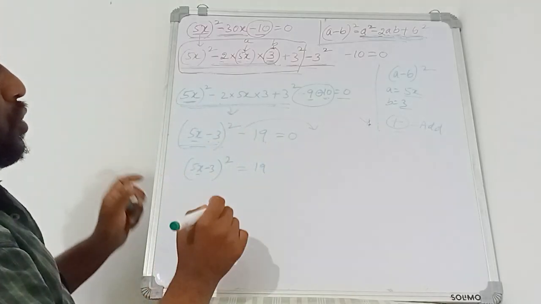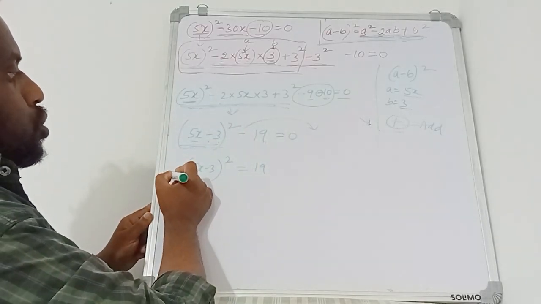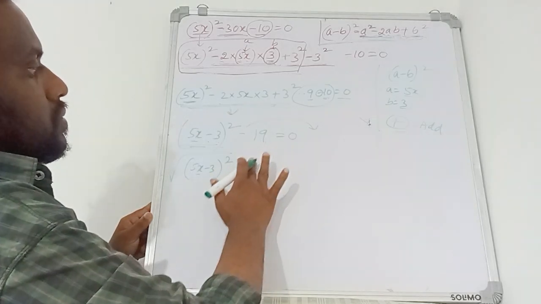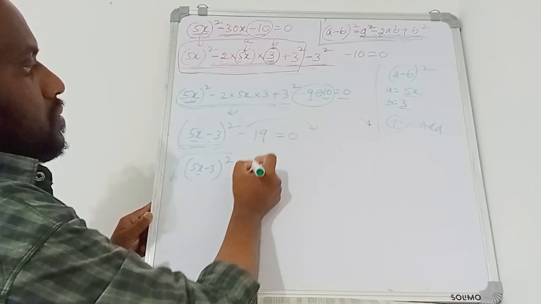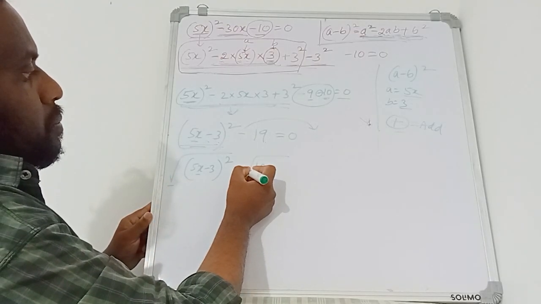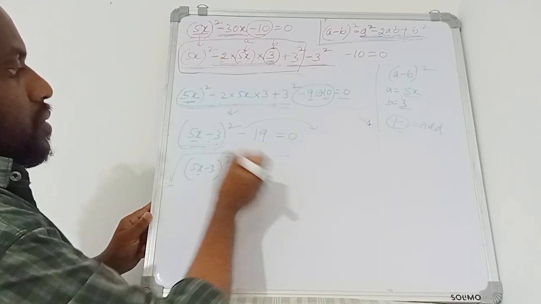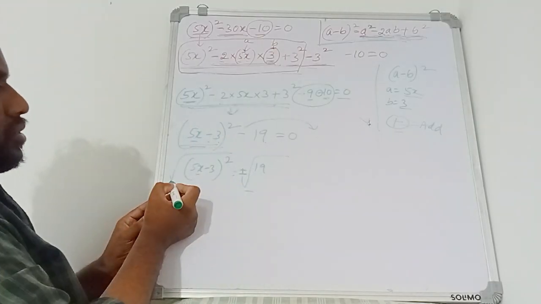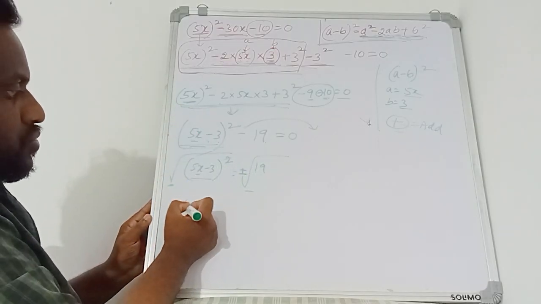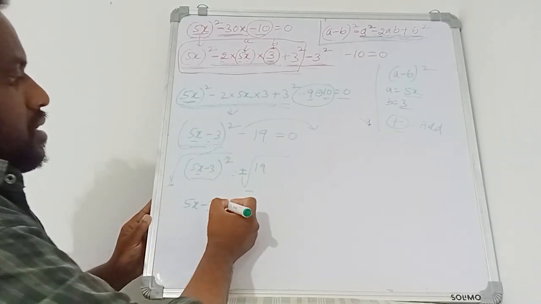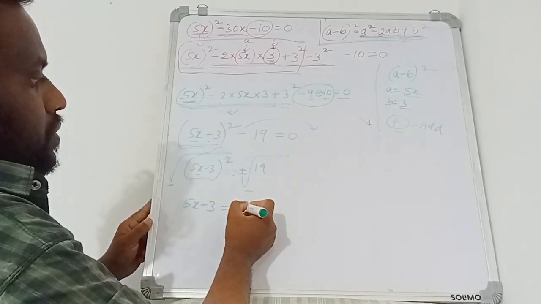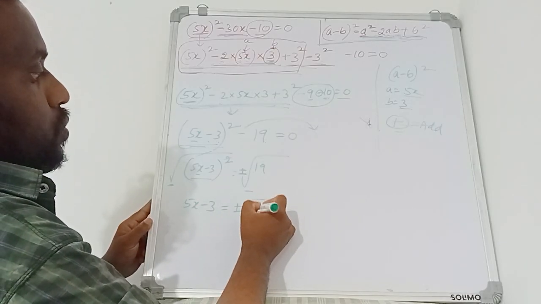For that, you have to take the square root on both sides. When you take the square root on both sides, we have to write the plus or minus symbol. The square root and the square cancel out. So the remaining is 5x minus 3 is equal to plus or minus square root of 19.